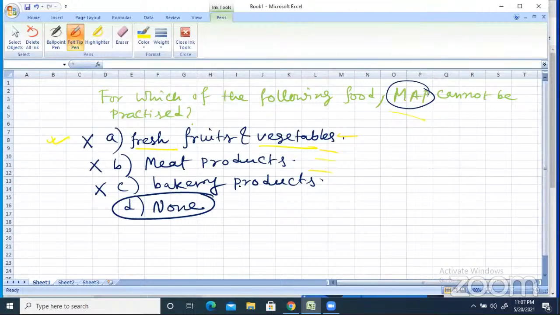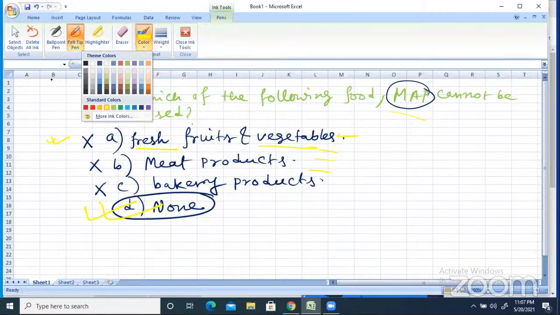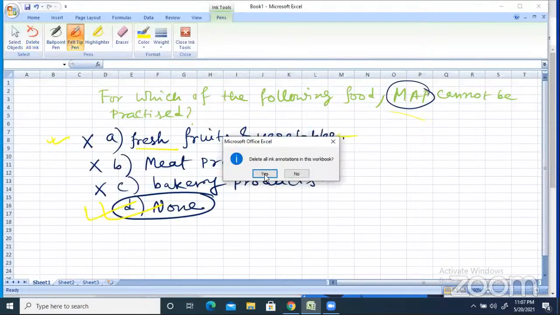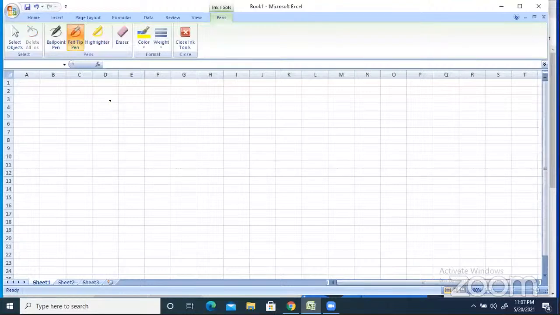So none of the above will be your correct answer. So this will be your correct answer. In case of MAP, color I have to change.